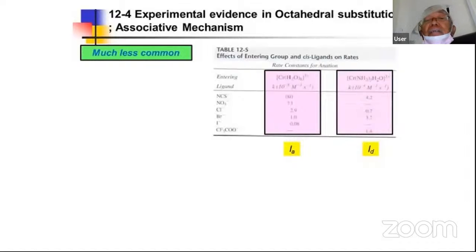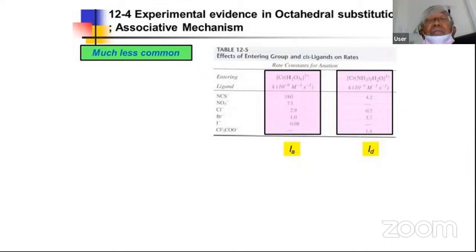So we just look at the kinetic studies. This is a reaction showing the effects of the entering ligand. What you do is study the rate constant and vary the ligand. If your ligand increases in size, it must affect the rate constant.